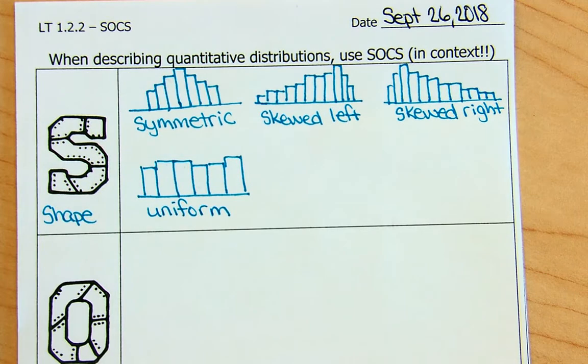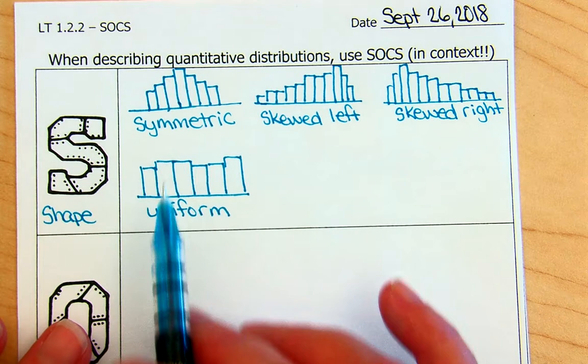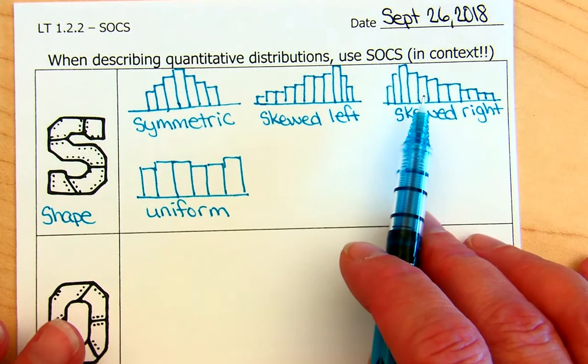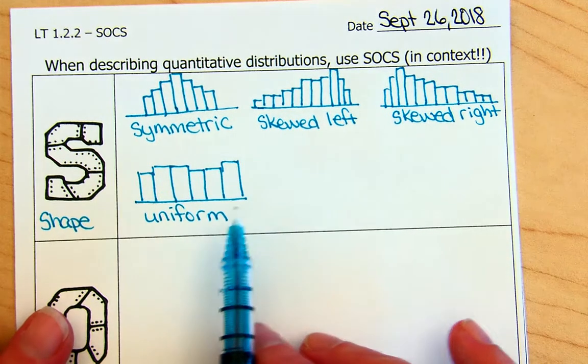It's uniform. It's uniformly distributed. It's the same all the way across. I want to get somebody saying that one on the test. Okay. So this one, rare. Doesn't usually happen. It's going to be one of these three 95% of the time.